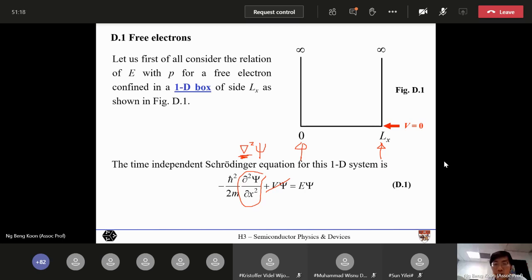And these two regions correspond to the region where, if you set this to infinity potential energy, that means it's very difficult to get to. Then the chance of finding an electron at this edge will be 0, either x equals 0 or x equals Lx.